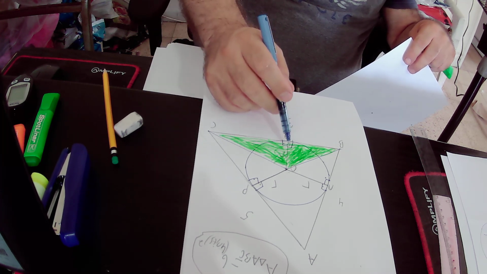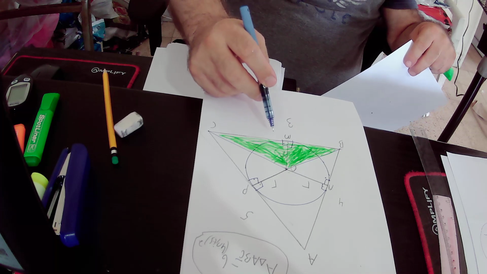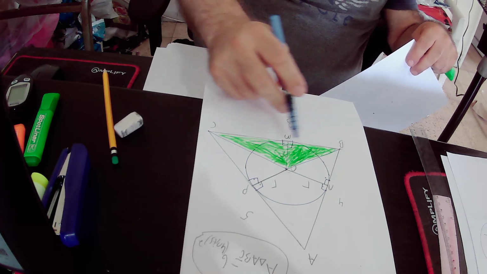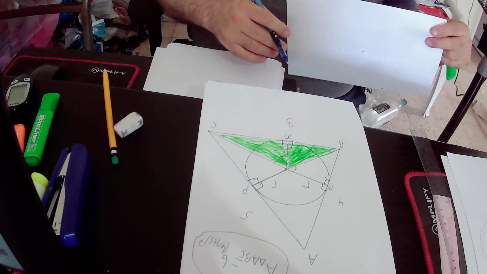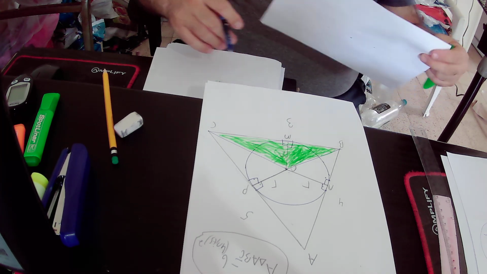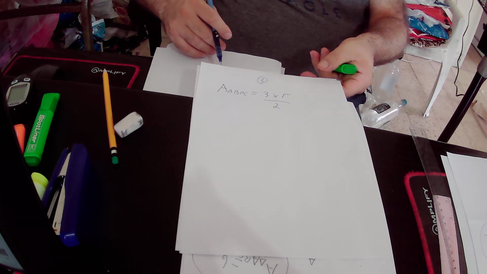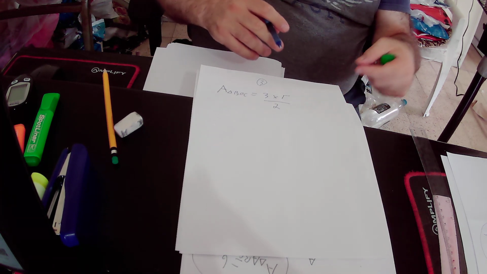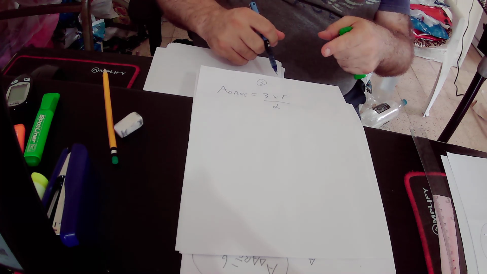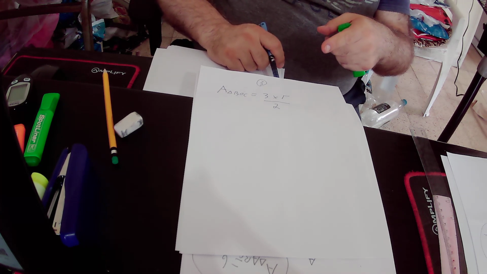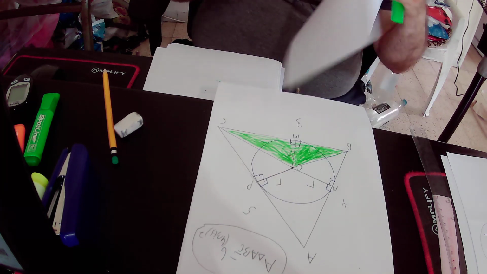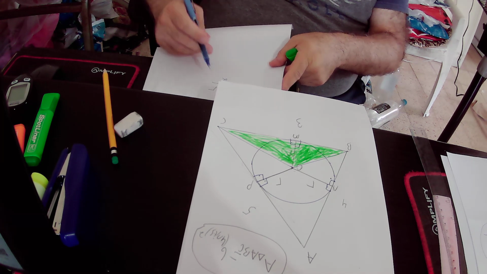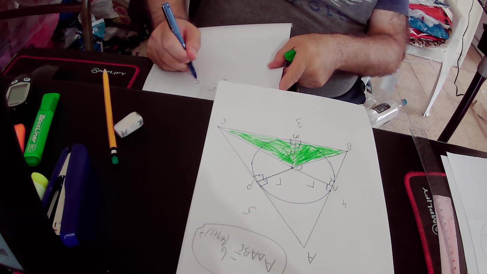For that reason the radius of this circle equals the height of triangle BOC, the green triangle, all divided by 2 is the area of the green triangle BOC. So 3 times the radius divided by 2 equals the area of the green triangle. Or in other words, 3 over 2 is 1.5. 1.5 R equals the area of the green triangle.